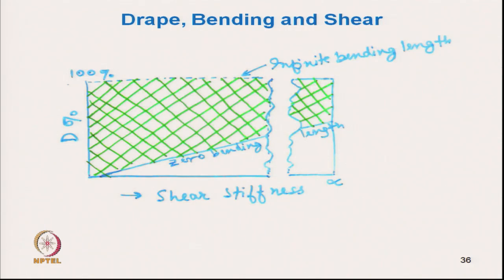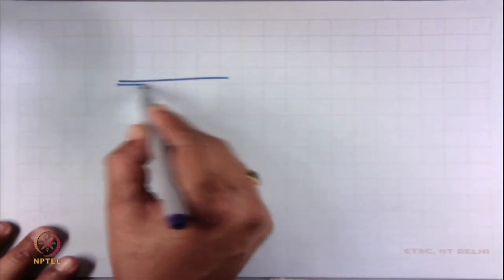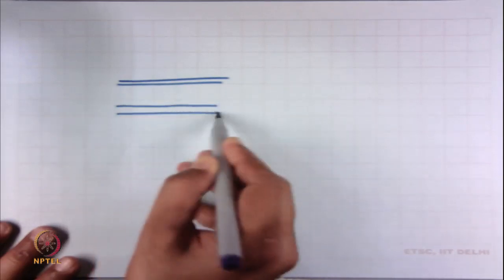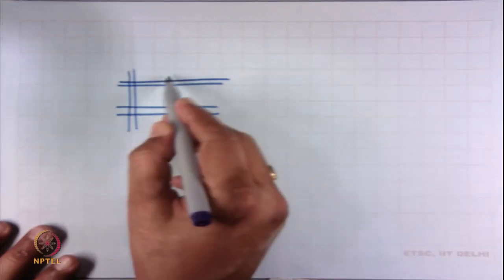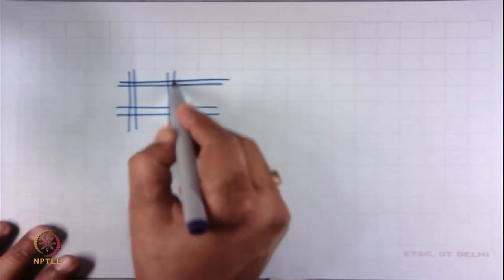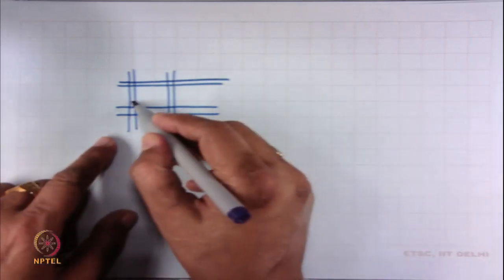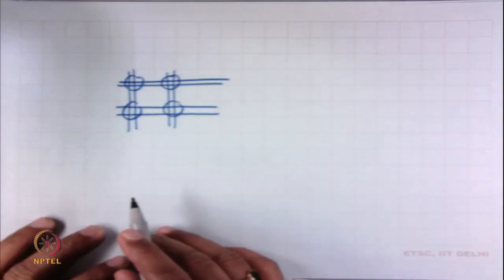Let us assume a situation where we have made a fabric with extremely polished rods, highly polished rods we have placed. And there is no friction, 0 friction between the rods.